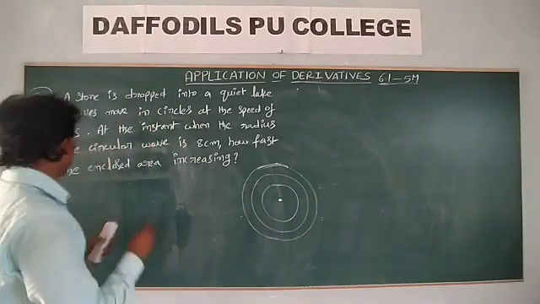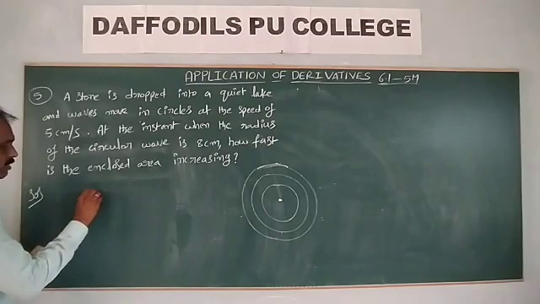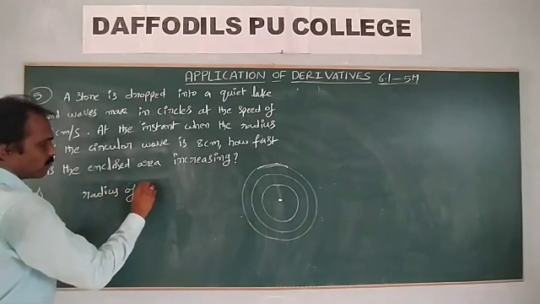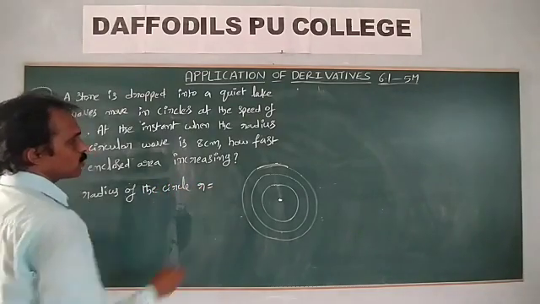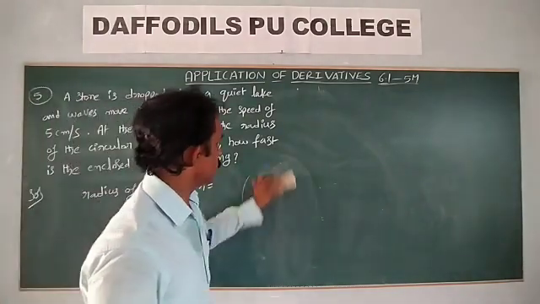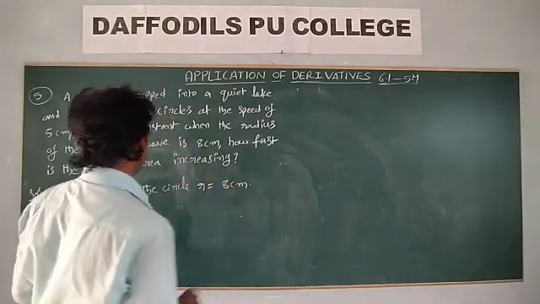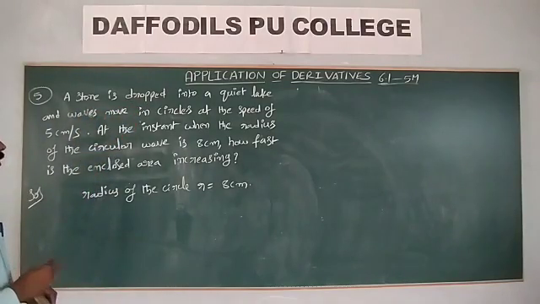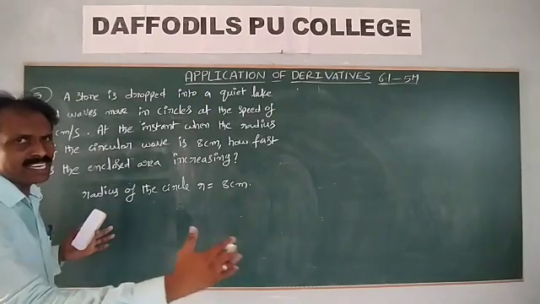First of all, write the given data. The radius of the circle at the instant, r, is equal to 8 centimeter. Waves move in circles, that is nothing but the change in radius.